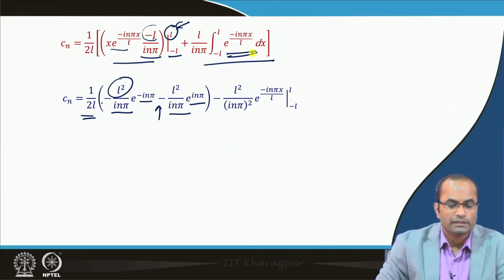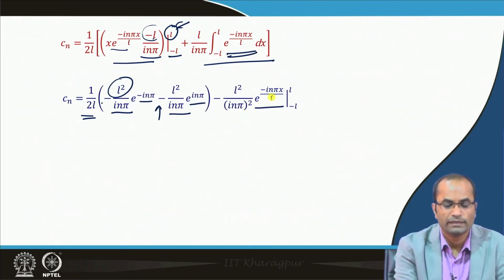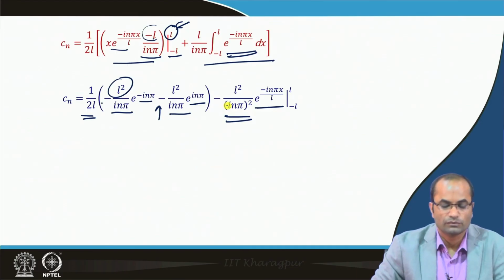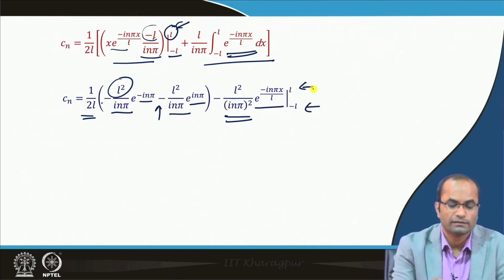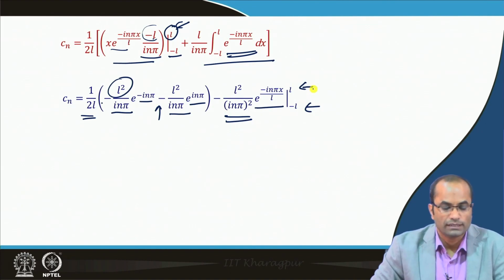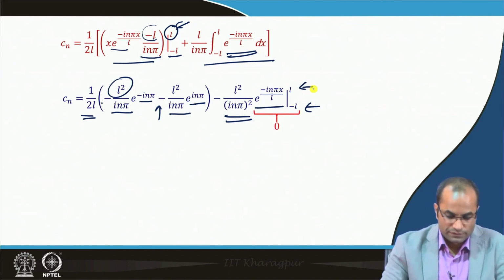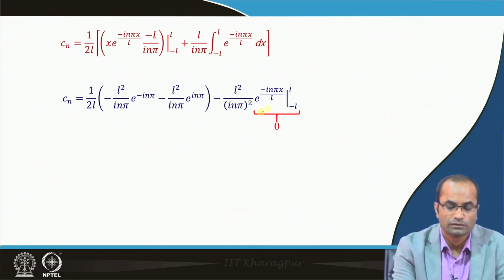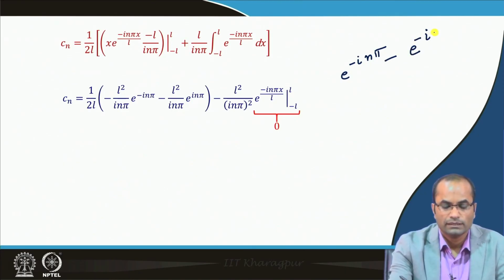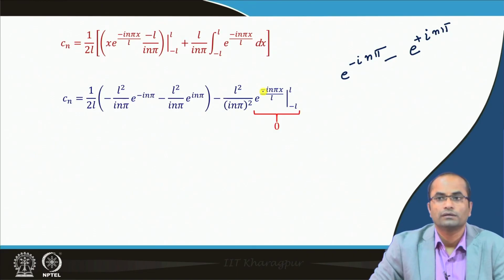Here again we have to integrate. So, e power minus I n pi x over L, and then there will be a factor L over I n pi, and as a result this has become now the square, and again we have to take care of the limits from minus L to plus L. And this term is 0, because when we put this L there, we have e power minus I n pi, and then with minus sign we have e power minus I n pi with plus sign now, because this minus L will make it plus.